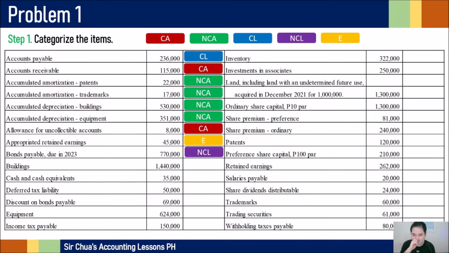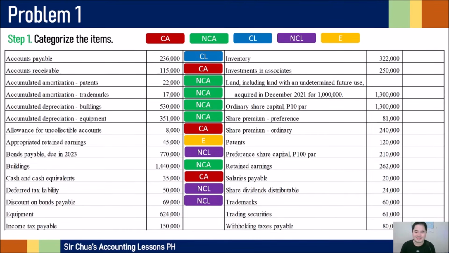Okay? Buildings is a non-current asset. Cash and cash equivalents, that's a no-brainer. Current asset. Deferred tax liability is diretsong-diretso. Sinabi sa standard na siya ay non-current liability. Discount on bonds payable, syempre, you will relate that to the bonds payable. So, that is also an NCL.